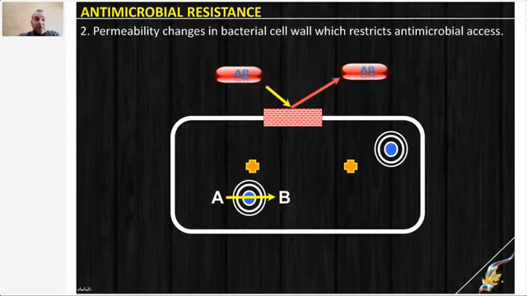The second mechanism is changes in permeability of the bacterial cell wall, which restricts access of the antimicrobial drug to the bacteria. It means that the cell wall became more rigid, pores became smaller, polarity may be changed, some other compounds are changed, and the drug cannot pass into the bacterial cell.